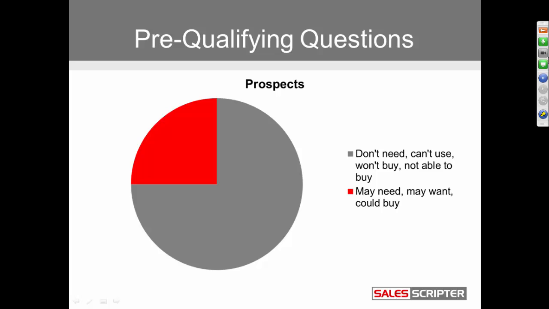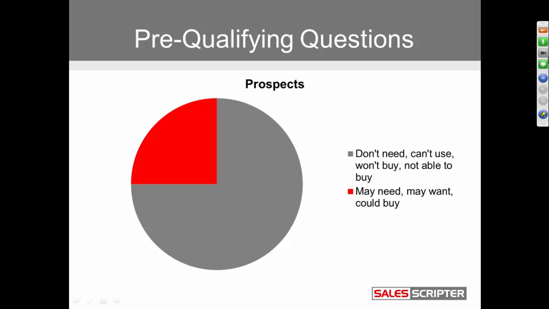The circle is really everybody that we can sell to that kind of fits somewhat in our demographic or our territory or whatever. Now, the majority of the pie is gray, and those are prospects that either don't need what we have because they can't use it, or maybe they've purchased what we sell recently.